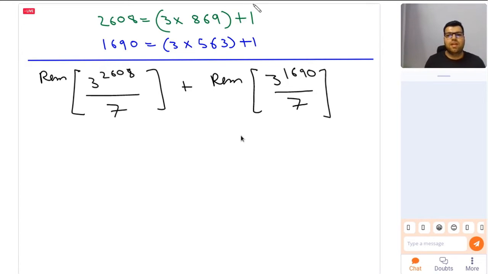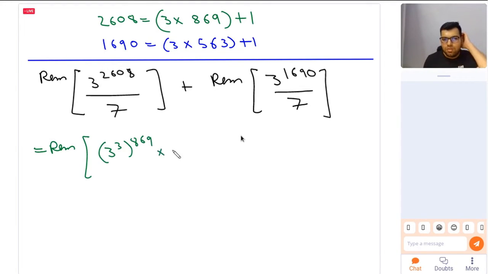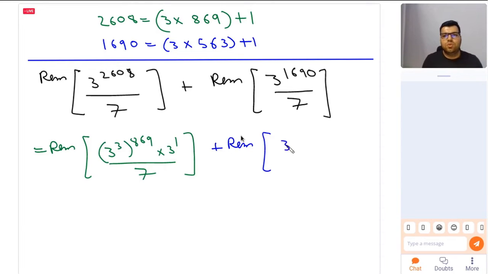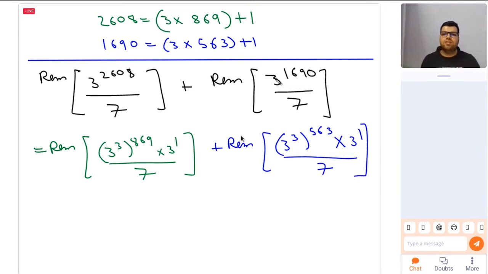So now I will write this as remainder of 3 raised to power 3 raised to power 869 into 3 to the power 1 divided by 7 plus remainder of 3 to the power 563, 3 to the power 3 raised to power 563 into 3 to the power 1 by 7. So by now, in all the questions, we are just using those 4 to 5 properties of remainder. Sometimes the questions are a little lengthy because of the numbers involved. That is it. We know we will be able to solve it.